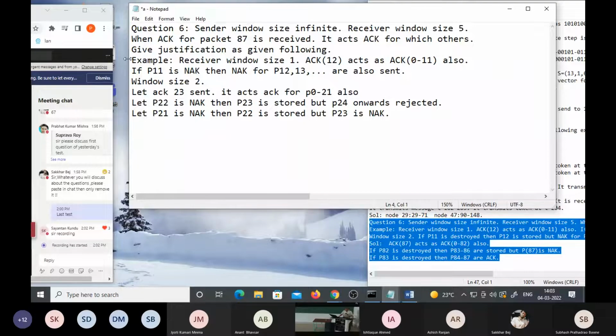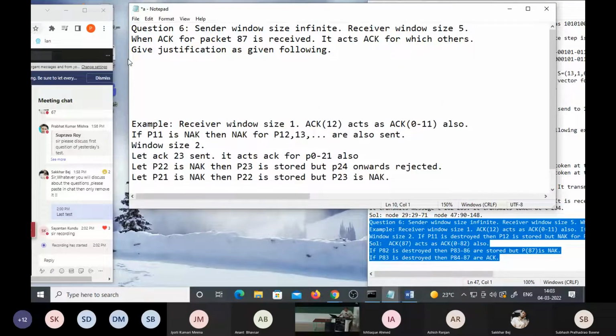Now, let us try to solve this question. Acknowledgement of packet 87 is received. Okay. Let P86 be NaK, lost.